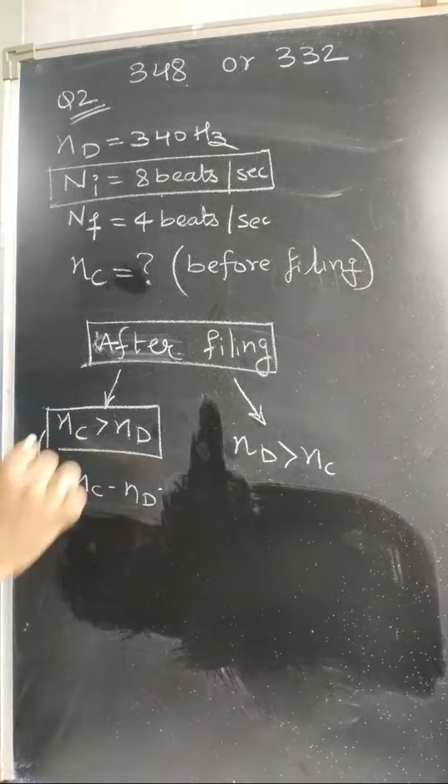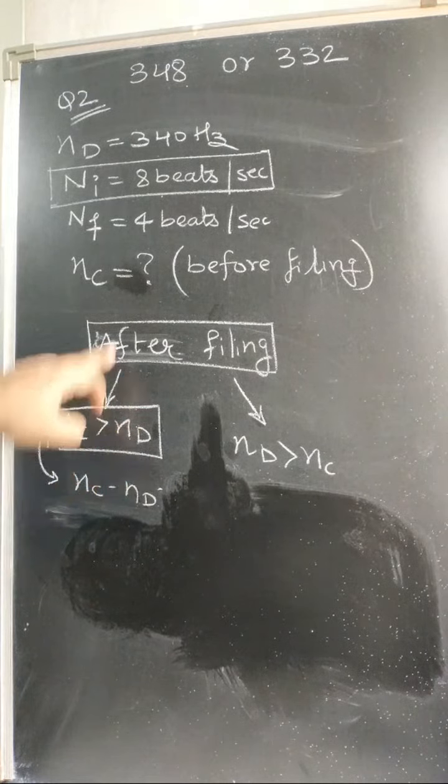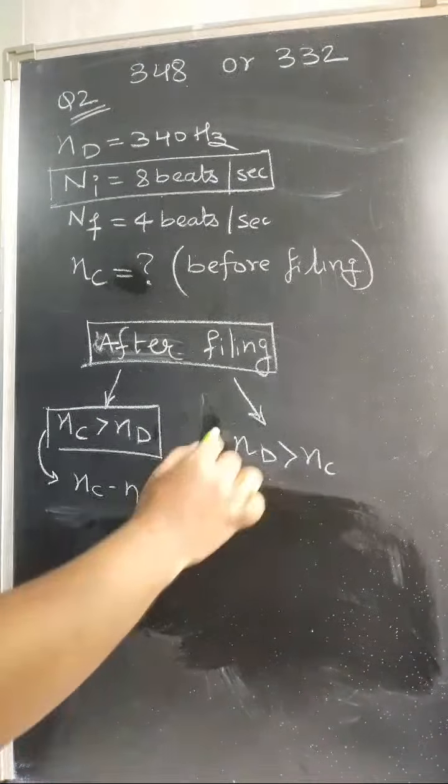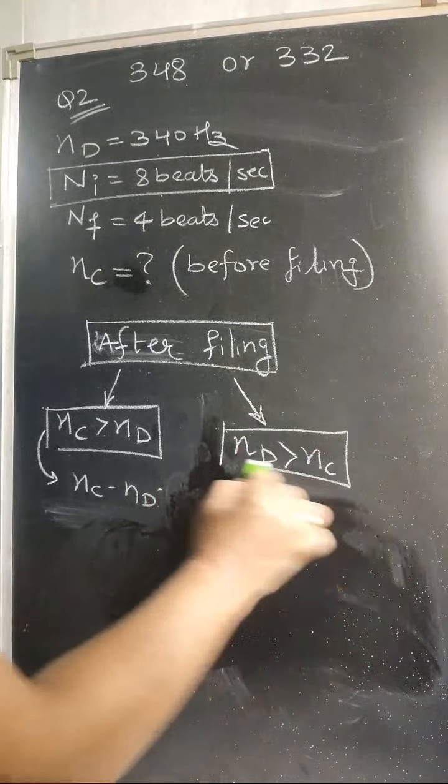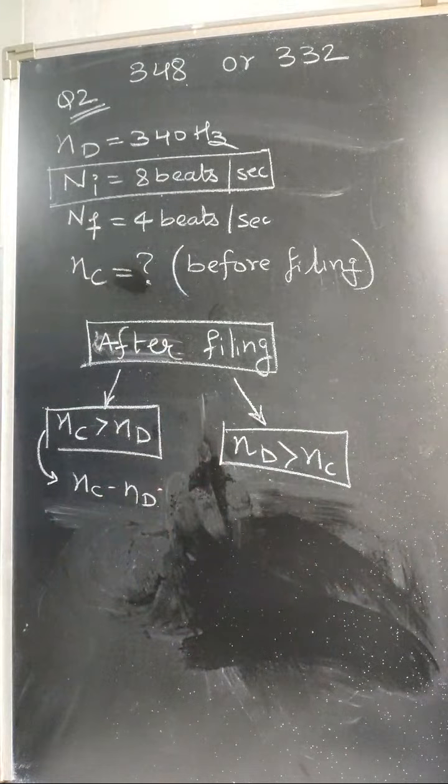So NC can be greater than ND because we don't know the value of NC, or ND can be greater than NC. Either of it.